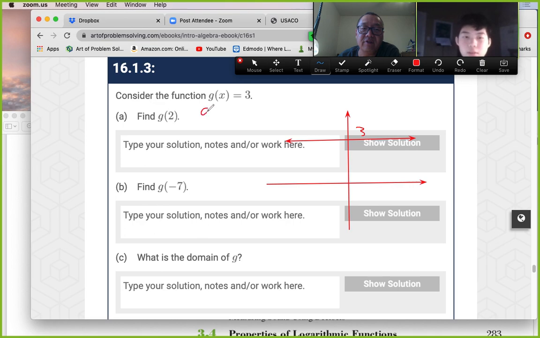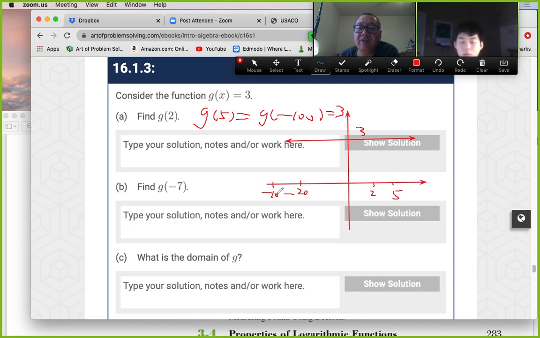So whatever, if x equals 5, this one also equals 3. If x is negative 100, this one also equals 3. Always equals 3. Suppose this one is negative 20, or 2, or 5, these are x coordinates. They all respond to the same y coordinate, which is 3. Okay.